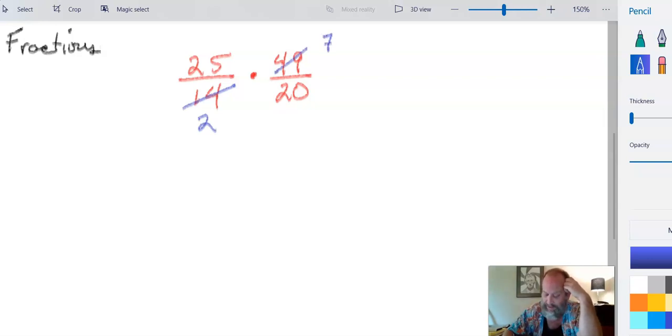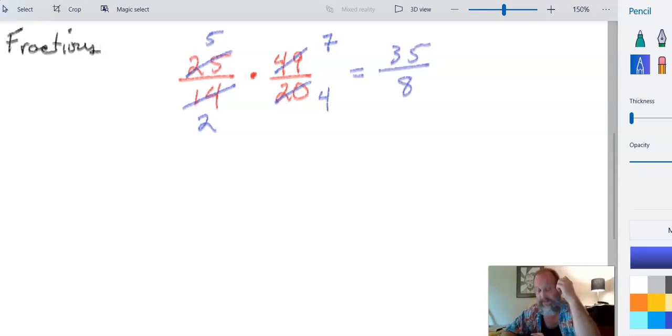I divide that by 7, I get 7. And then that's done there. But if I look around here, I can see that 25 and 20 both have a common factor of 5. So I'm going to divide those by 5. And then I'm going to multiply out what I have left. 5 times 7 is 35. 2 times 4 is 8.